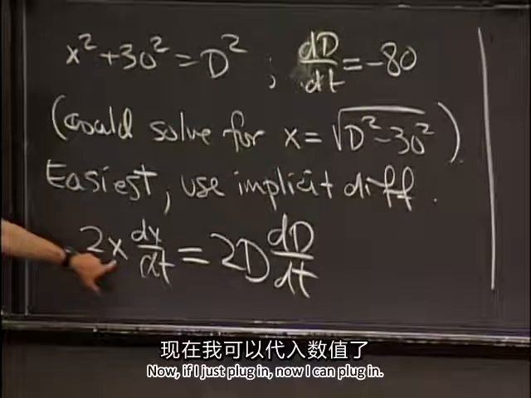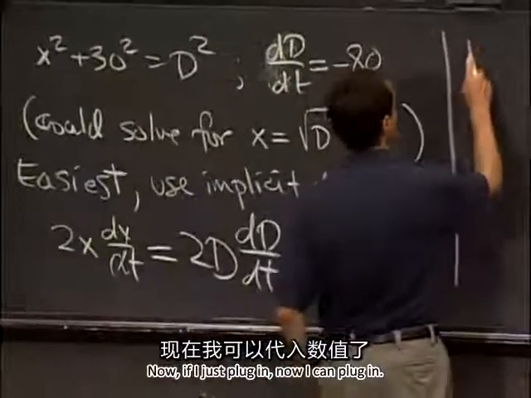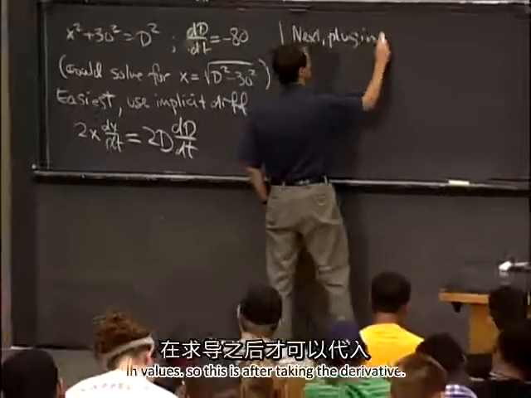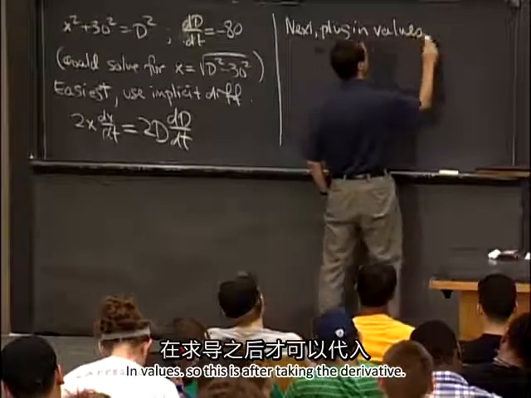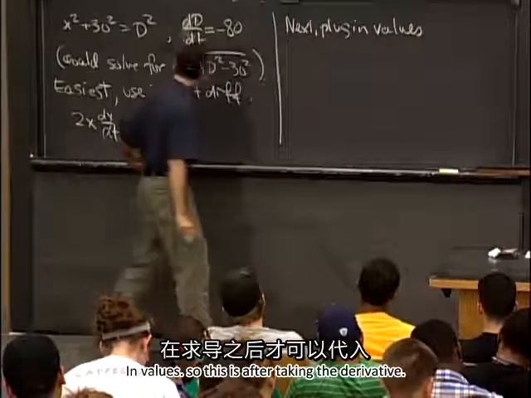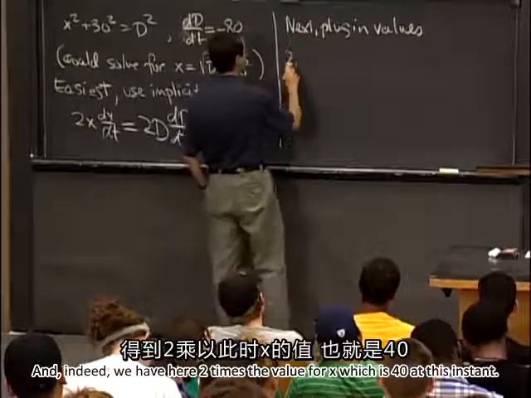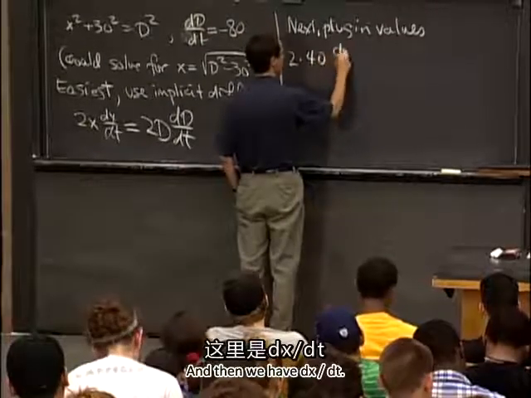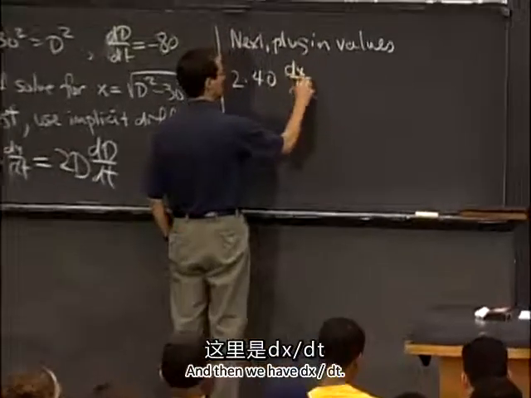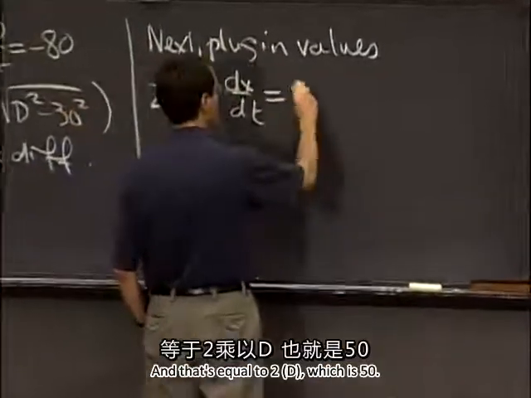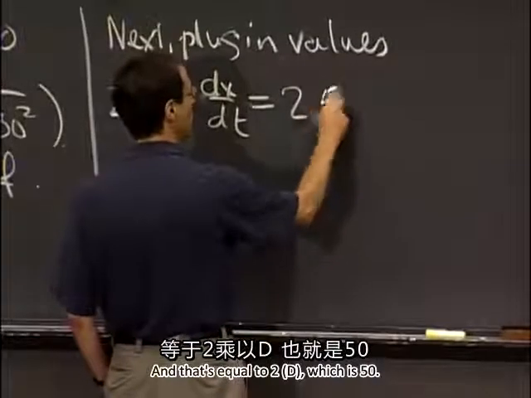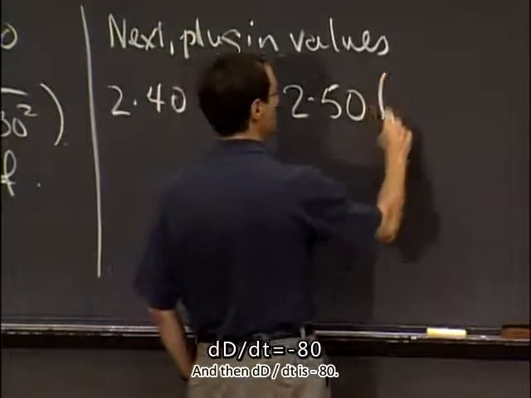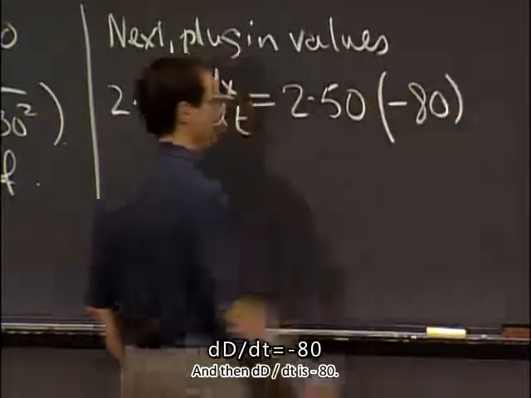Now, if I just plug in, now I can plug in values. So this is after taking the derivative. And indeed, we have here 2 times the value for x, which is 40 at this instant, times dx/dt, and that's equal to 2 times d, which is 50, and then dd/dt is minus 80.